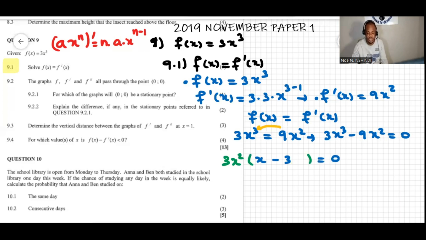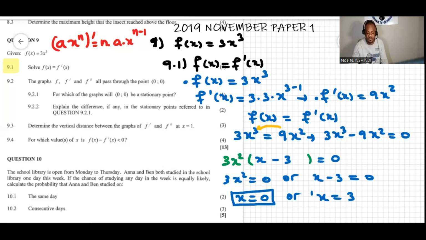So this is 0 if 3x squared equal to 0 or x minus 3 equal to 0. So over here we can work out x will be equal to 0 or x equal to 3. Those are the values of x for which the function and its derivative are equal.